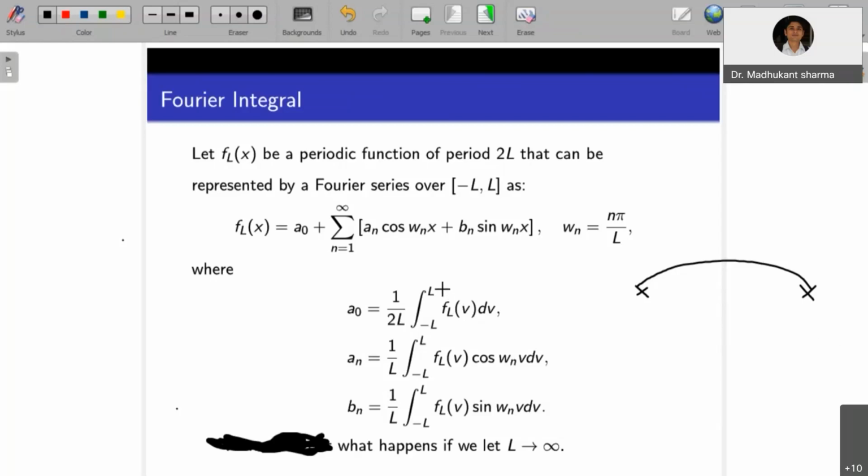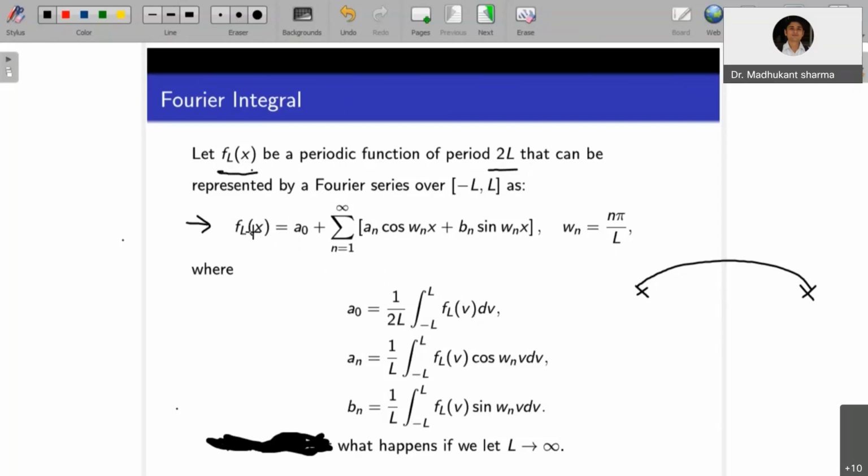So what will you do in such cases? We have learned that the Fourier series of a periodic function of period 2L is represented by this. Of course, we assume that f is continuous at every point, and only then can you write the equal sign here.